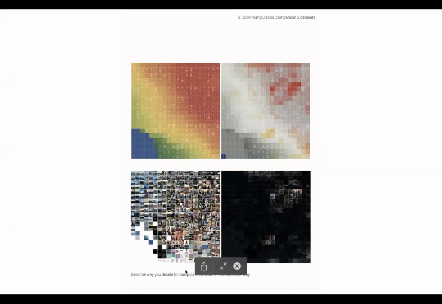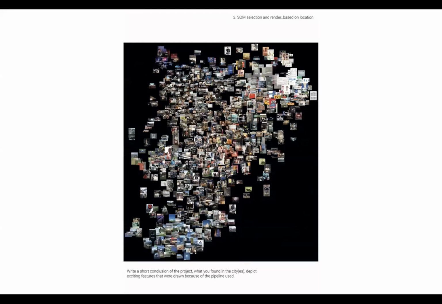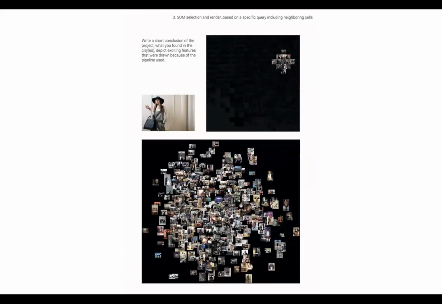Here describe why you decided to manipulate the SOM in this way. What is it that you're finding in this selected group of data. So just one paragraph that is explaining very clearly what it is that you're finding, which were your decisions and why.